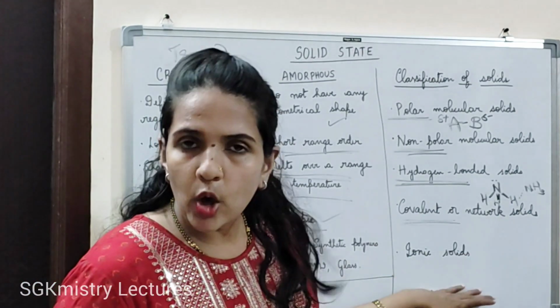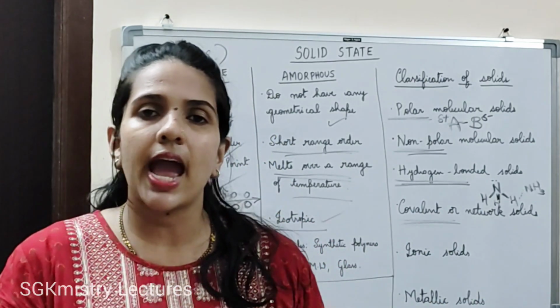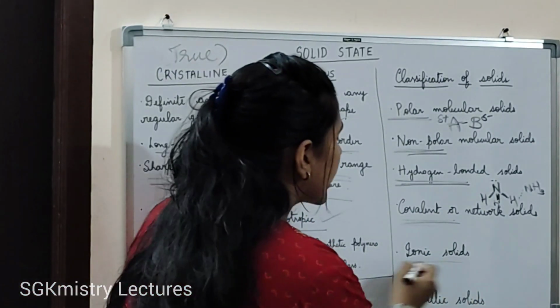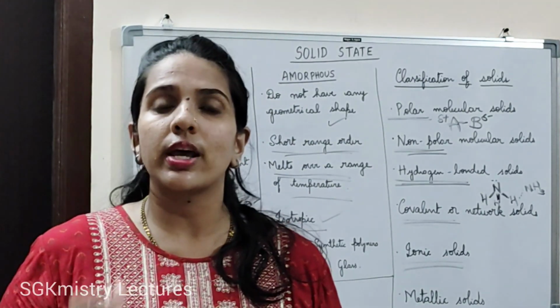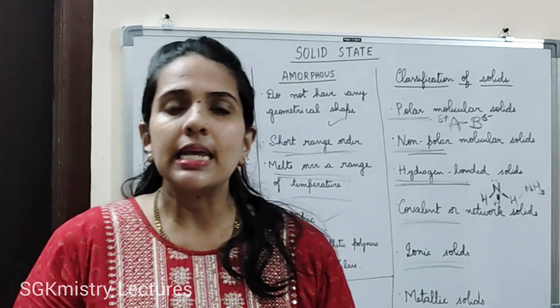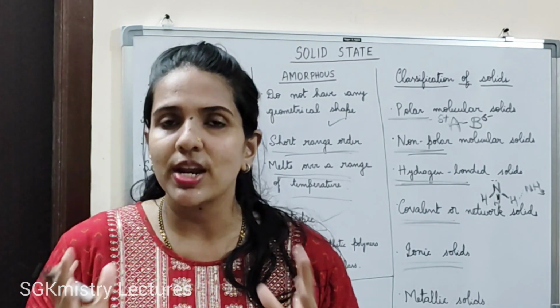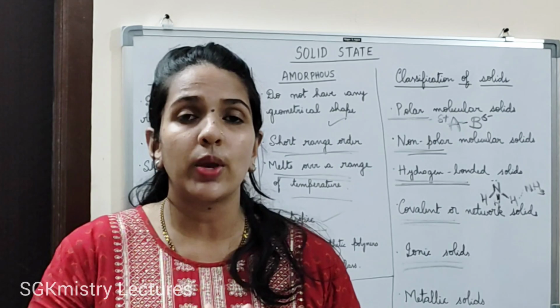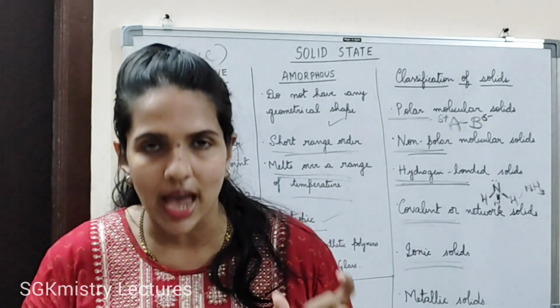Next, coming on to ionic solids. Here the different ions, that is cations and anions, are held together by electrostatic force of attraction, or the ionic bond. This ionic bond is very strong because it is the electrostatic force of attraction between the positively charged cation and the negatively charged anion.